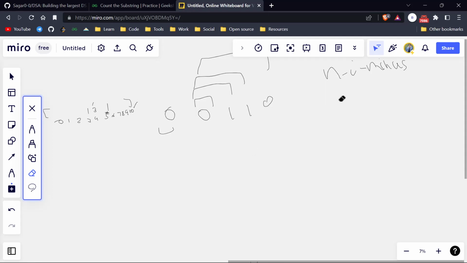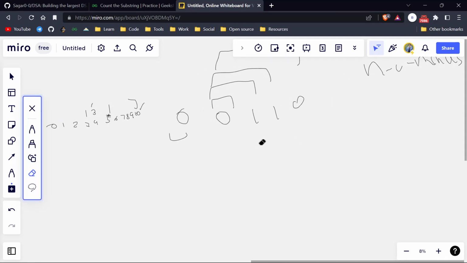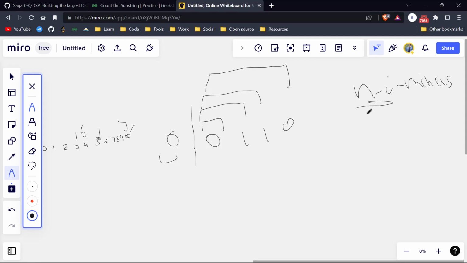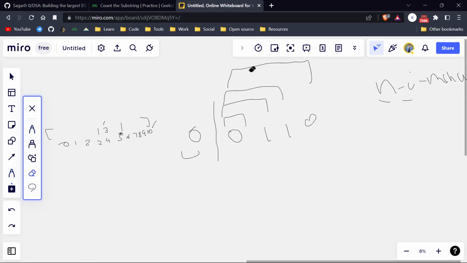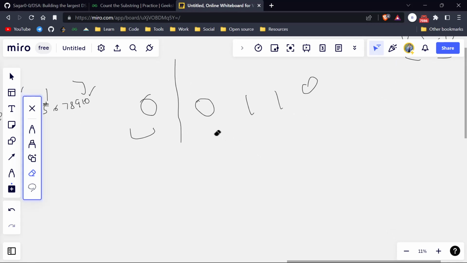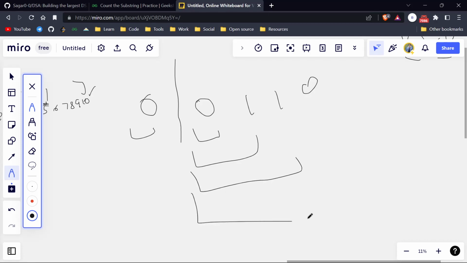Let me just zoom it here. So that is the thing. So we just have to now start from this point, and n minus i means there will be 5 minus 5 minus 1. That means 4 total subarrays, and there are 1 2 3 4, and we have to remove. Okay, I will just write it down here. So there will be 4 total of substrings. So this is our first substring, this is second, this is third, and this is fourth.